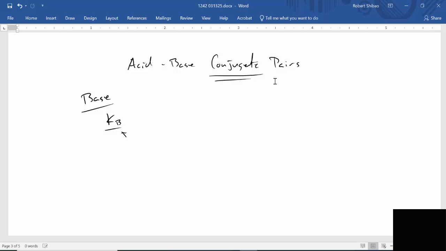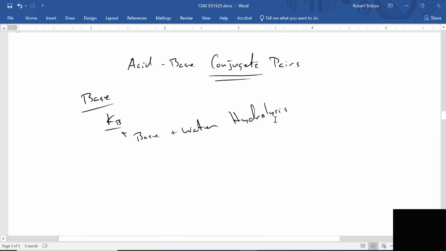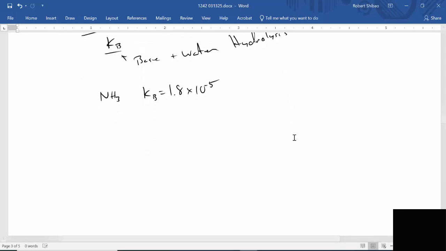This is base plus water, hydrolysis, Kb. And so ammonia has a Kb value of 1.8 times 10 to the minus 5. And so the Kb equation looks like this. It's the base plus water.